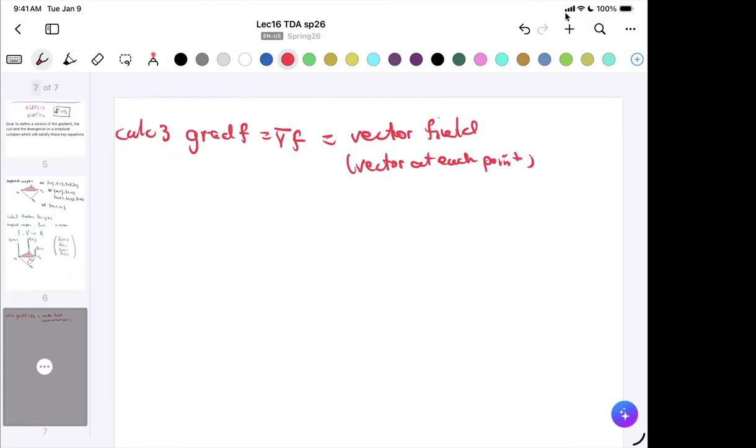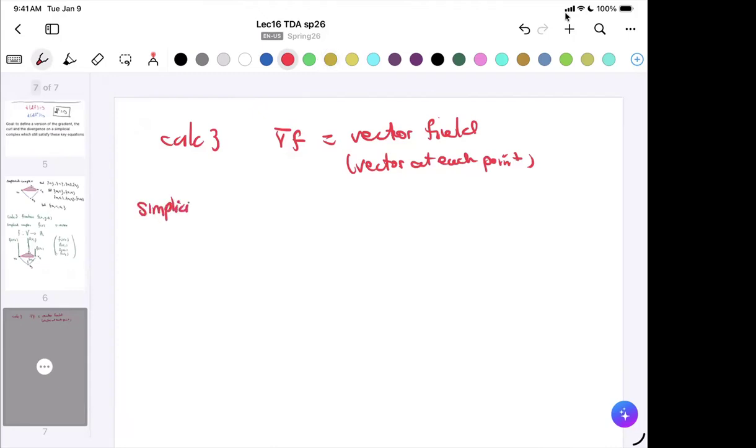Now, the idea is that if I have a function defined on the vertex set, I want to define the gradient of that function. Maybe I'll use the Calc 3 notation for the continuous version, and I'll use the new language for the discrete version.